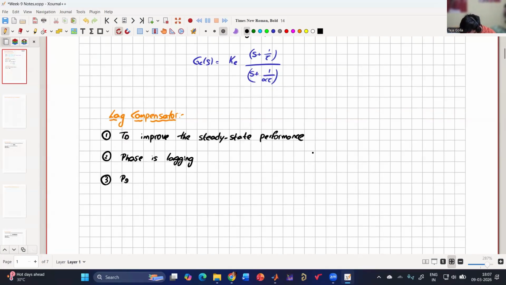So the pole is closer to the imaginary axis.